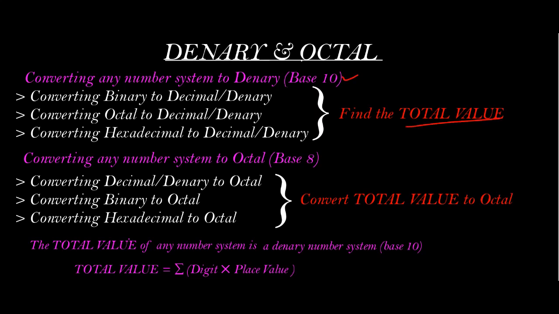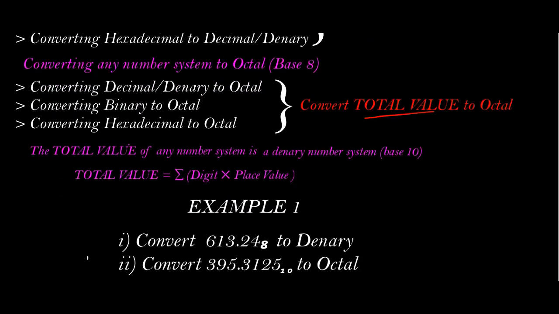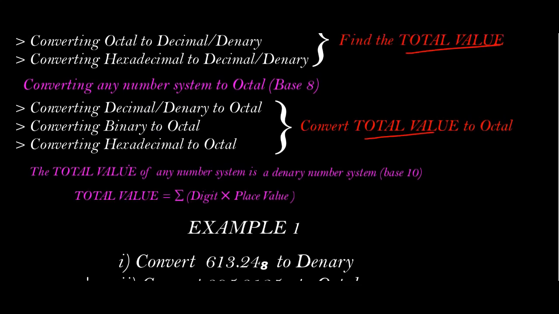And remember, the total value is summing up all the digits with their respective place values. In the place values, if it is an octal number system, then the base is 8. So in place of place value, when we are dealing with an octal number system, we put base 8.